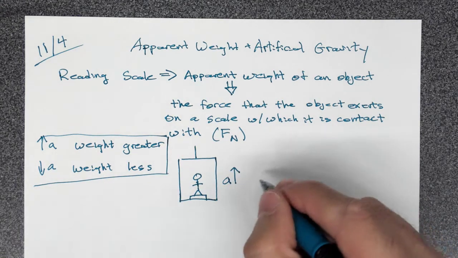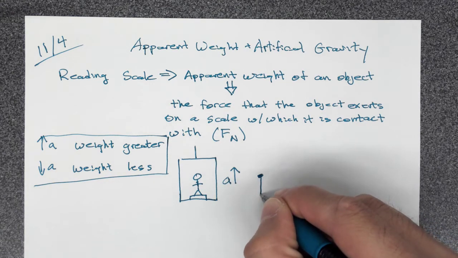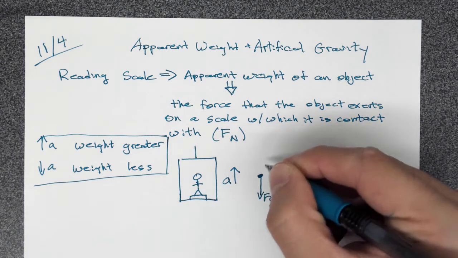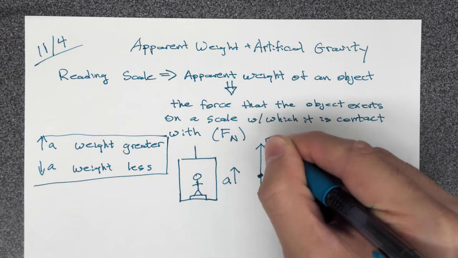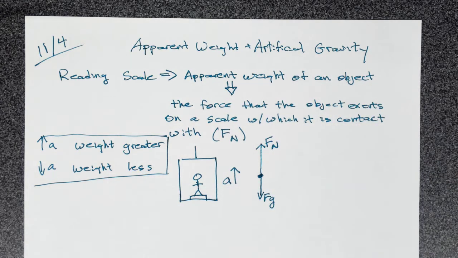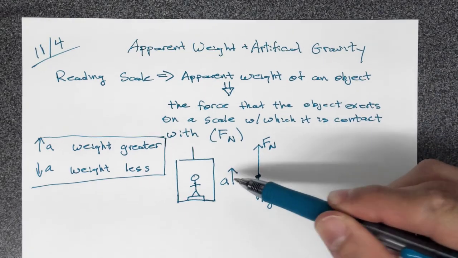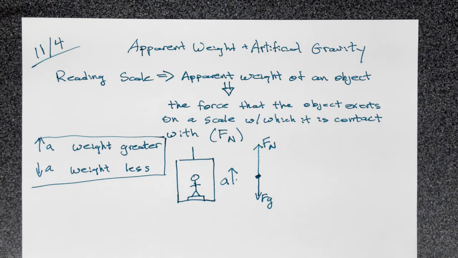If we draw a free body diagram, we'll have the force of gravity here. And for predictive reasons, the normal force will be longer than the force of gravity. You can see that already this has to be the case because if the net acceleration is up, the normal force vector has to be greater than the force of gravity vector.